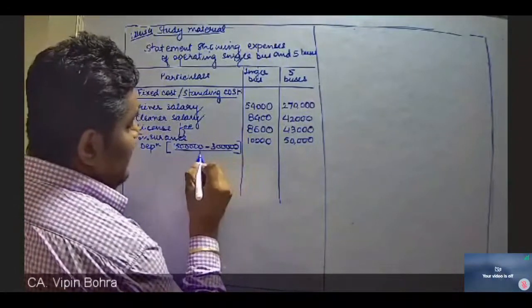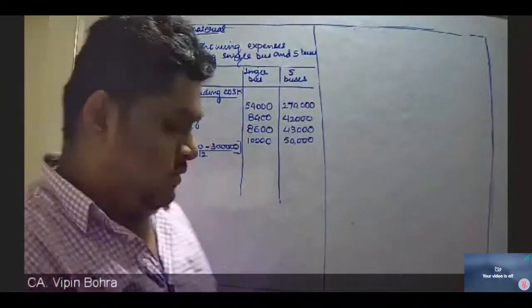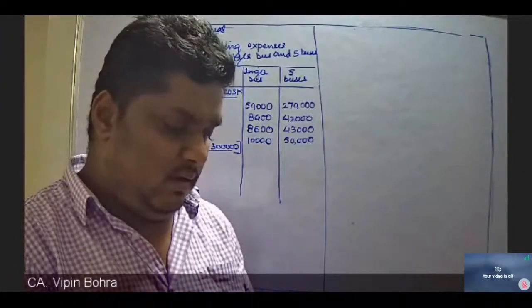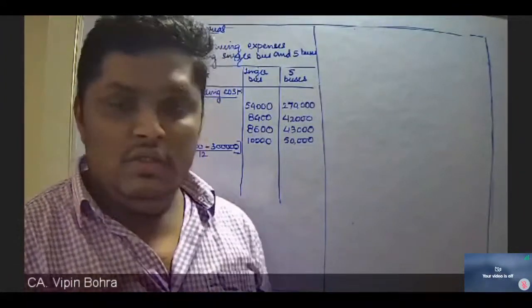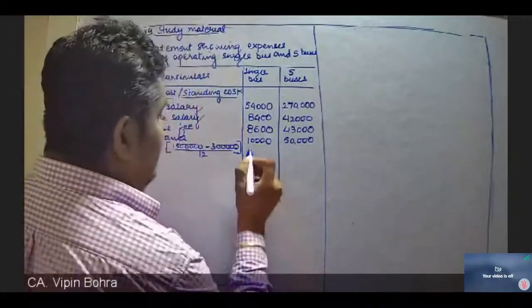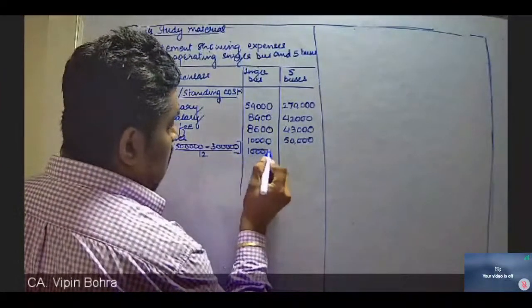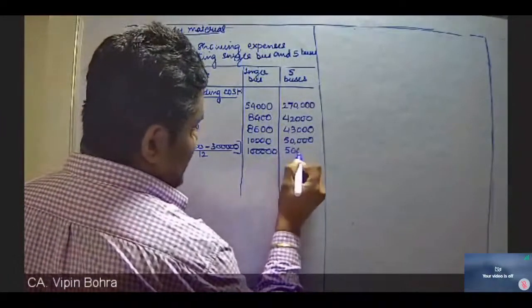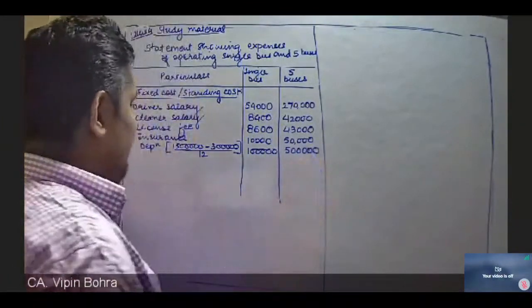Useful life is 12 years. So 15 lakh minus 3 lakh divided by 12 years is 1 lakh depreciation for every bus. So for 1 bus it will be 1 lakh, and for 5 buses, it will be 5 lakh.